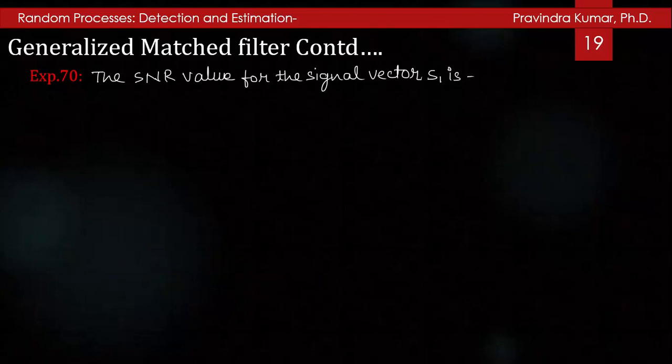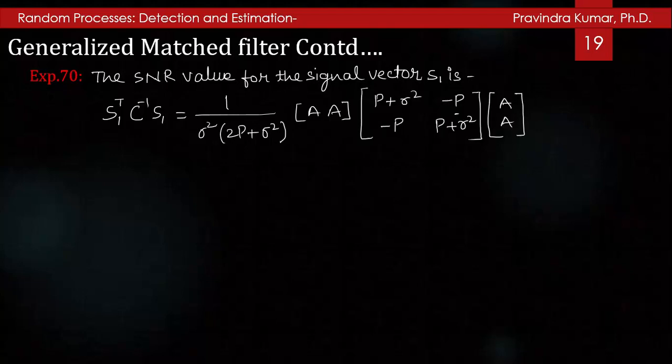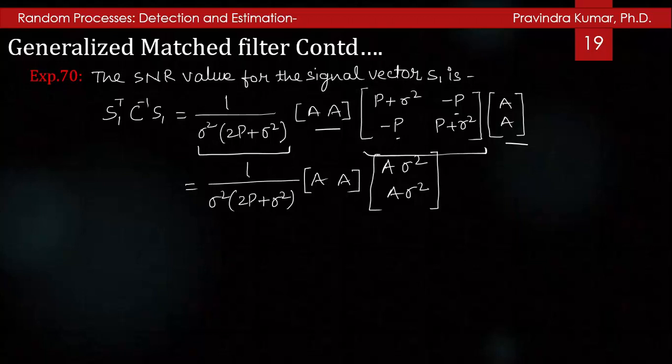The SNR value for the signal S1 is S1 transpose C inverse S1, which will be equal to 1 by sigma square times 2P plus sigma square, times A transpose times the matrix P plus sigma square, minus P, minus P, P plus sigma square, times A. So I can find the value of S1 transpose C inverse S1, using the energy of the signal S1.